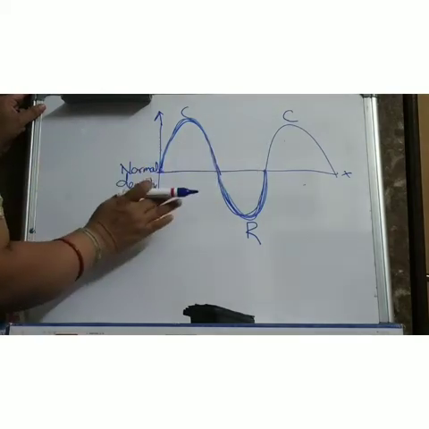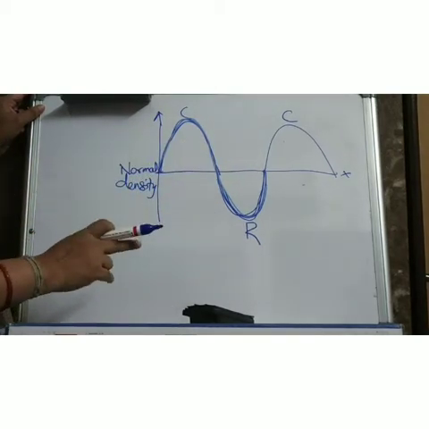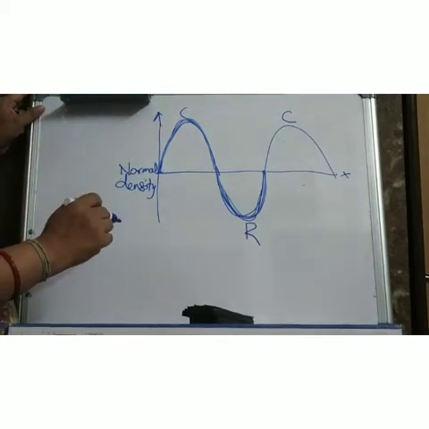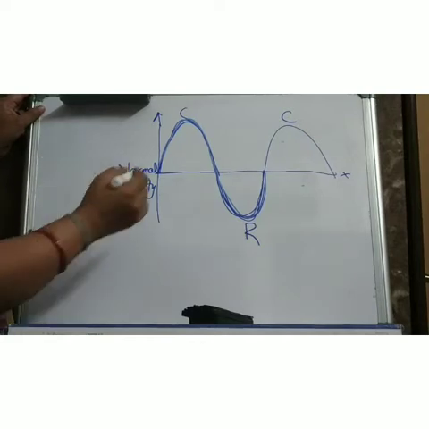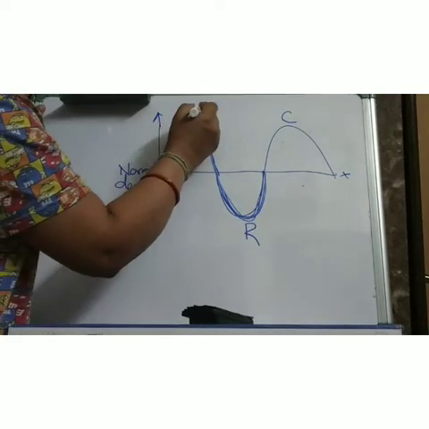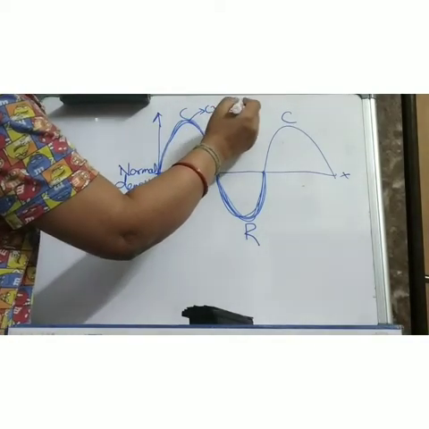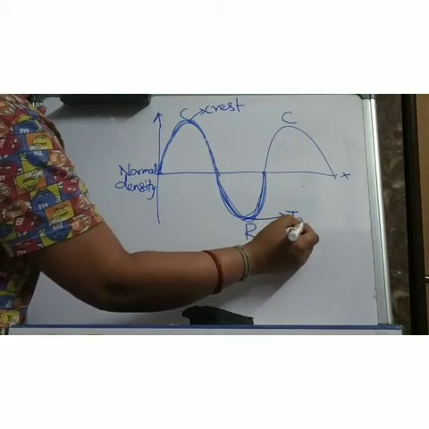So this is one complete wave, one compression and one rarefaction, that is one cycle. Before going to wavelength, we must know what this point is called. This is called crest and this minimum point is called trough.